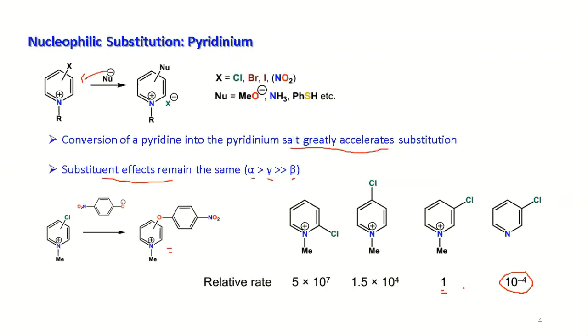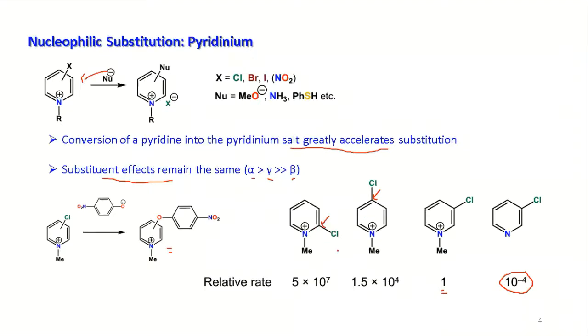So you see the overall relative rate, how fast the reaction is happening due to the presence of this positive charge. Now here what you can understand, since your positive charge is on nitrogen, this center will have more electron deficiency than this center, because this is very close to nitrogen.